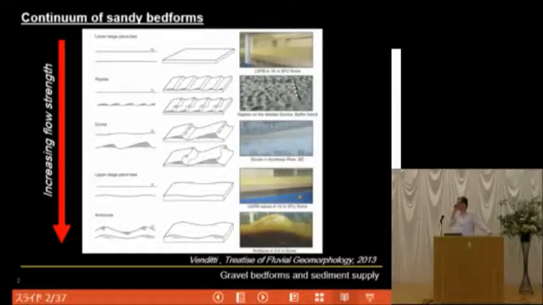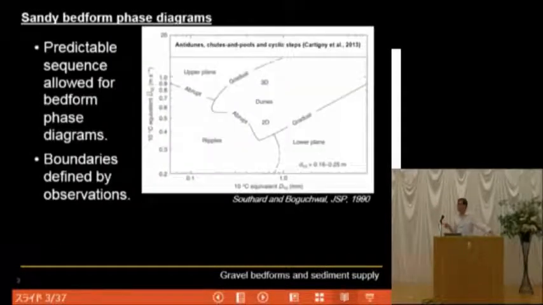As you are probably familiar with, in sand-bedded rivers, there's this great continuum of sandy bed forms. With increasing flow strength, we have lower stage plane beds, ripples, dunes, upper stage plane beds, antidunes, and cyclic steps and chutes and pools and all these things that happen. But the predictability of that sequence of bed forms has allowed us to develop bed form phase diagrams.